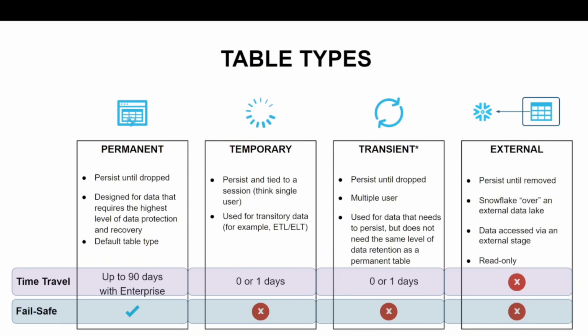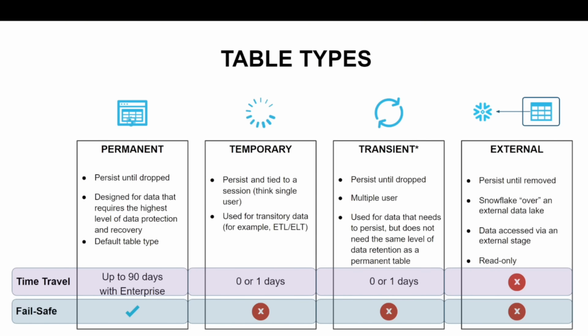But if you want to store or protect the data to the highest level, you should always use a permanent table. This is the default table type. So any table you create inside Snowflake, if you don't mention the type of that table, it automatically gets created as a permanent table.